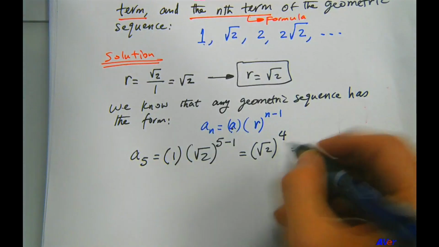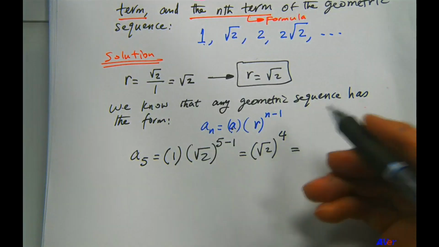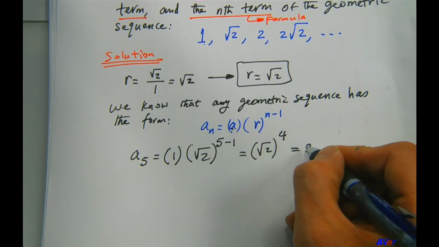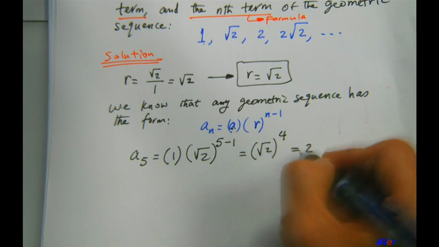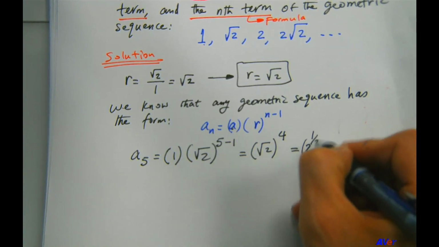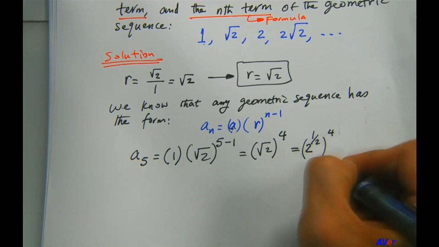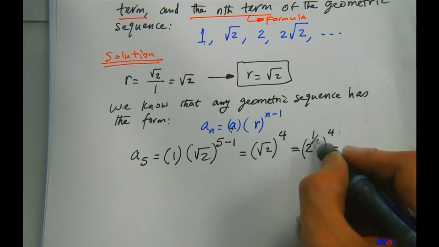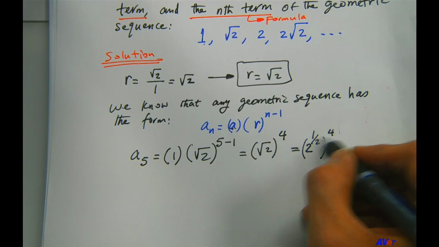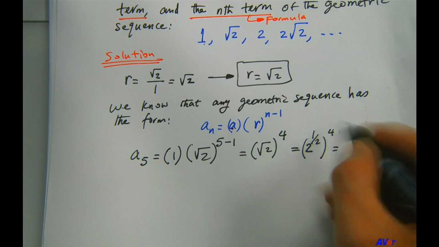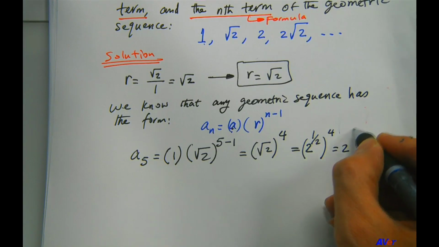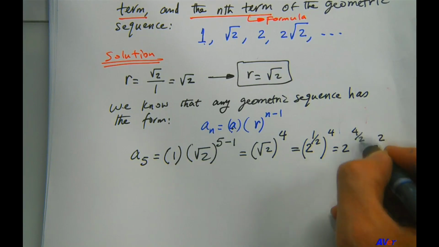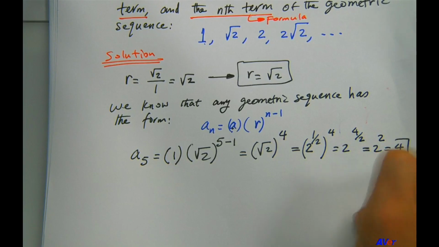What you can do is use the properties of radical expressions, which we learned in Math 124 and Math 126. Rewrite the inside as 2 to the 1/2 power with the 4 on the outside. Then apply the properties of exponents. The outside power gets multiplied by the inside power, so you end up with 2 to the 4 over 2 power. 4 over 2 is 2, and then you get 4.